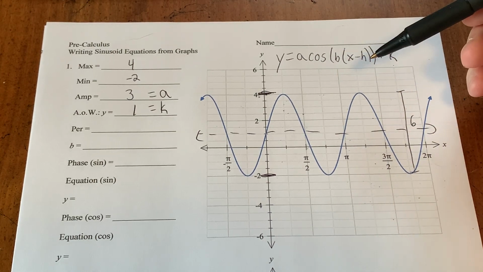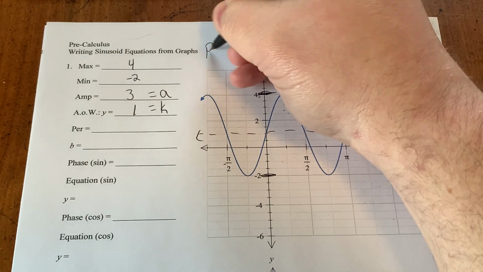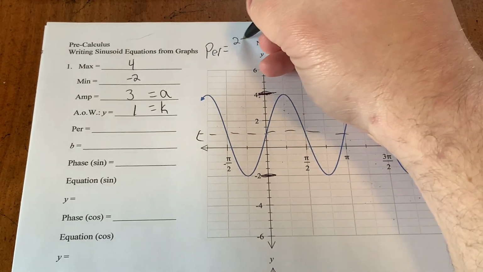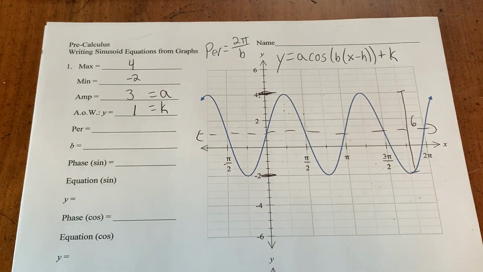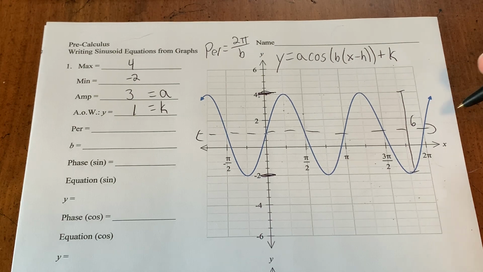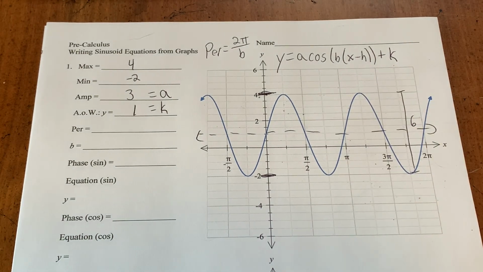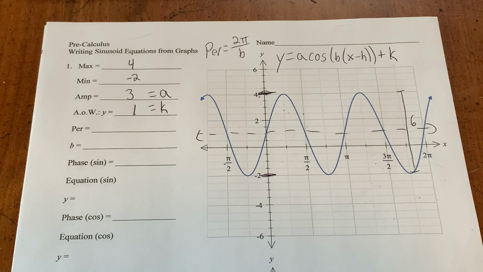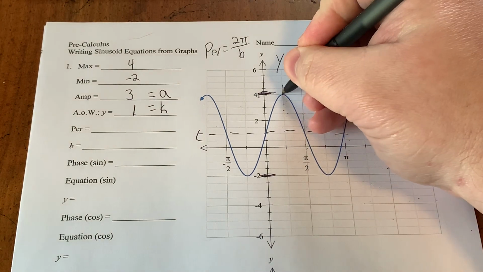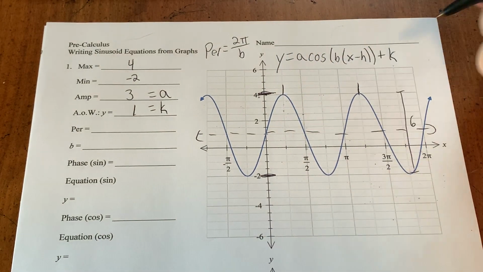Well, b comes from our period. Our period is 2 pi over b. So in this case, our period is 1 full cycle. On a graph, personally, I find the easiest way to do 1 full cycle is to go from a maximum to a maximum.